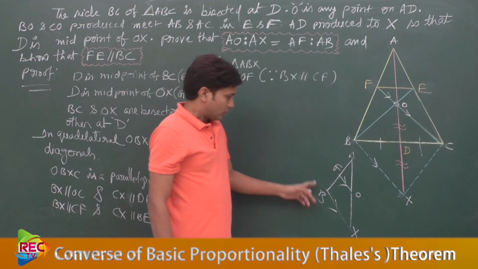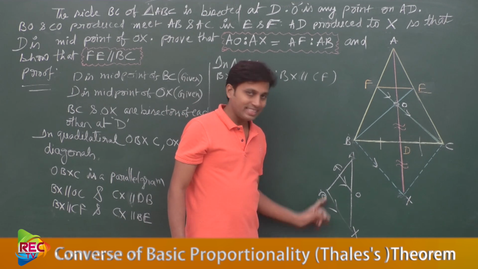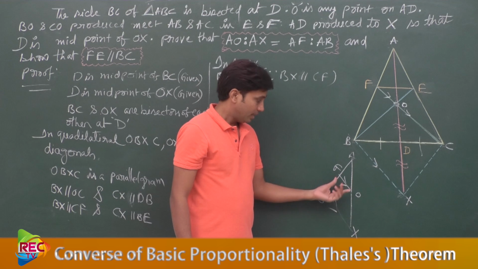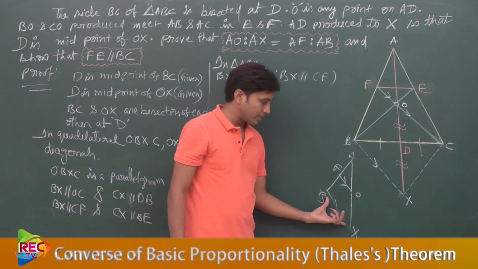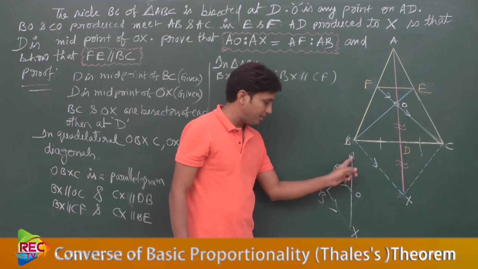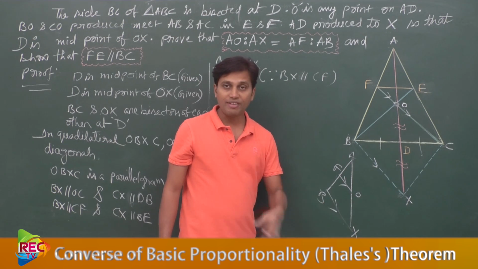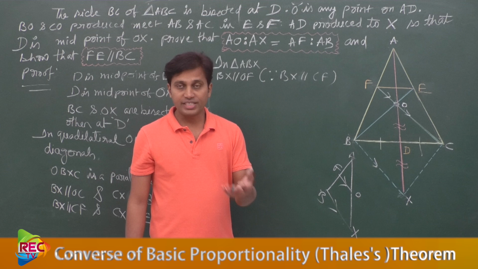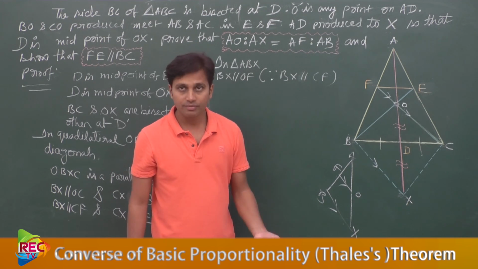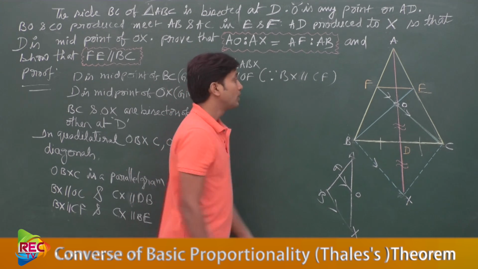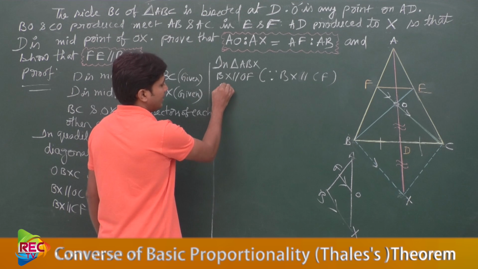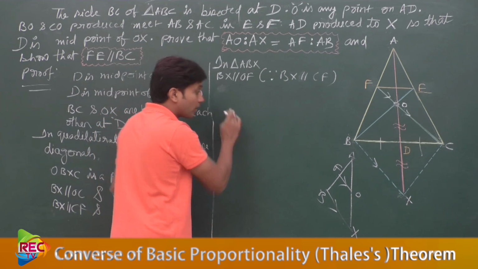Now, what is the clarity in this diagram we got? Here one line is drawn parallel to one of the sides of the triangle, intersecting AB and AX at F and O. So can we apply the basic proportionality theorem or not? Yes, we can apply the Thales theorem. So what is it?